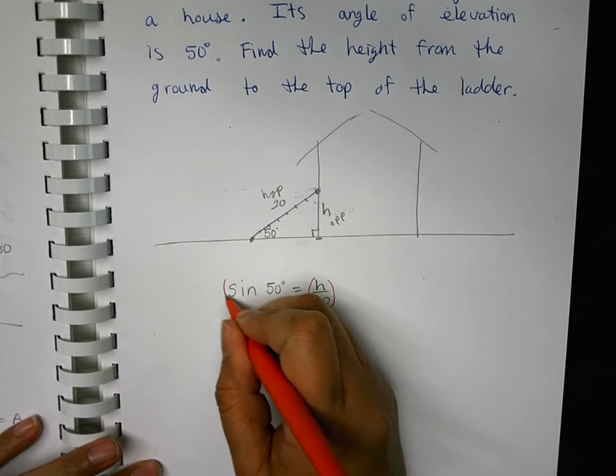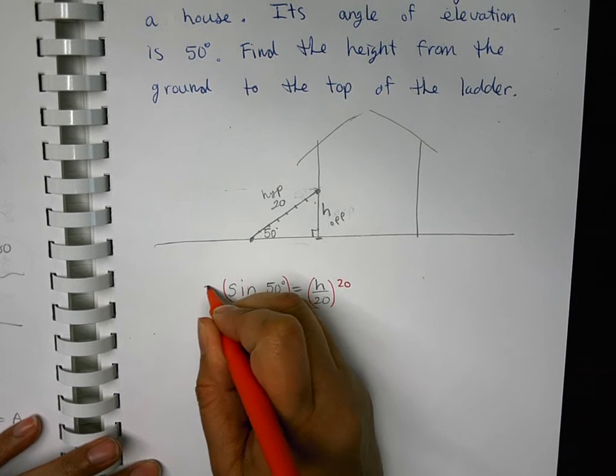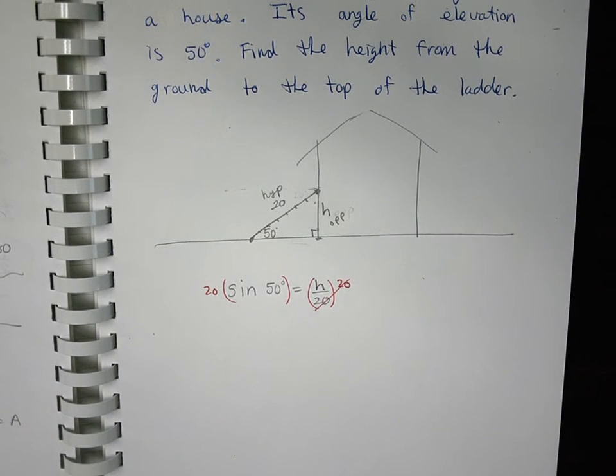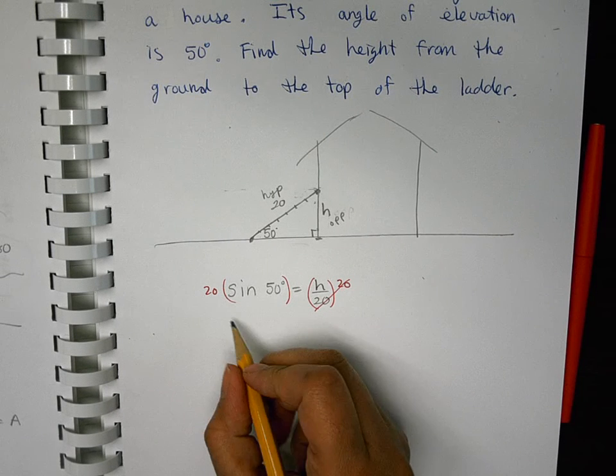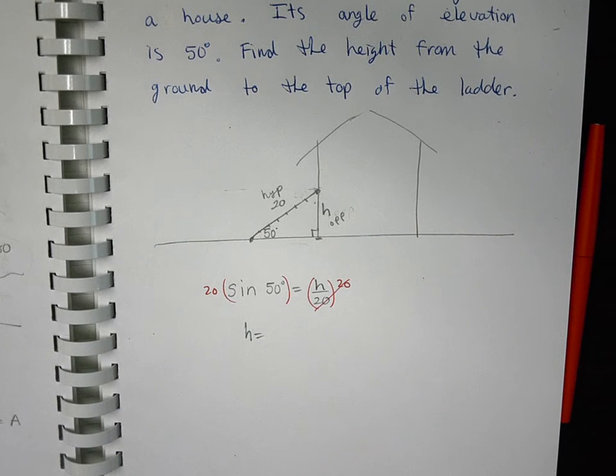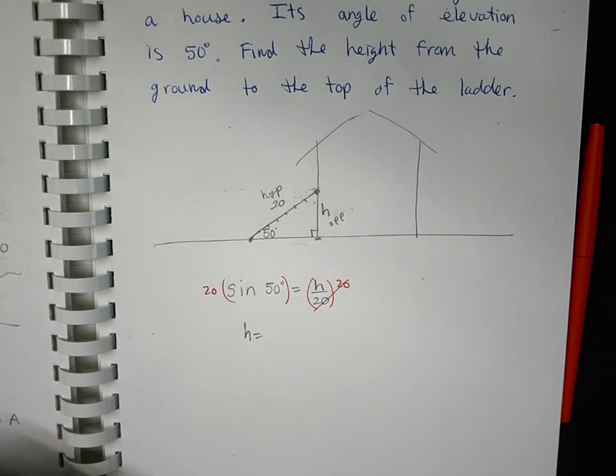All right, so I multiply both sides by 20, cross out, and then you plug that in your calculator. 20 times sine of 50. To 3 decimal places.